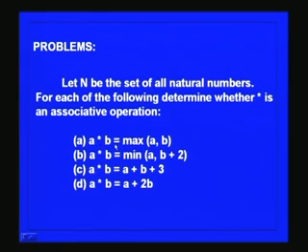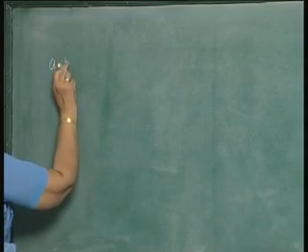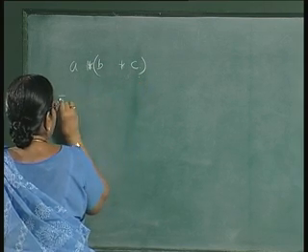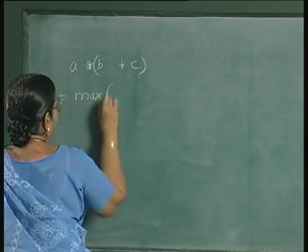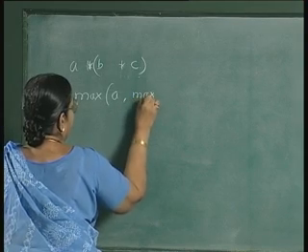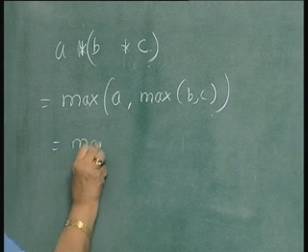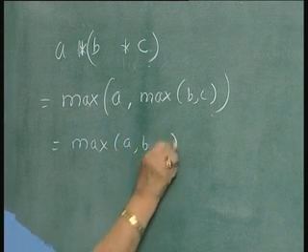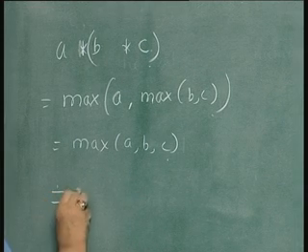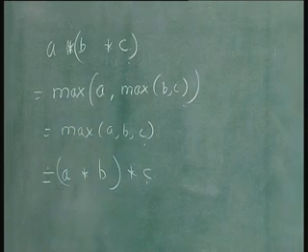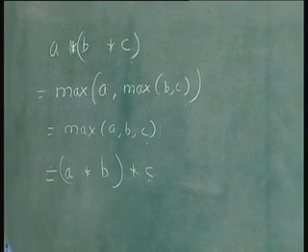Take A star B defined as the maximum of A and B. We can very easily see that this is an associative operation, because (A star B) star C will be the maximum of A, comma, maximum of B comma C. In essence, you will be finding the maximum of A, B, C. Similarly, A star (B star C) again you will be finding the maximum of these 3 elements. So, this is an associative operation.